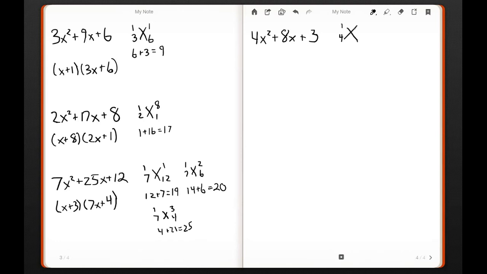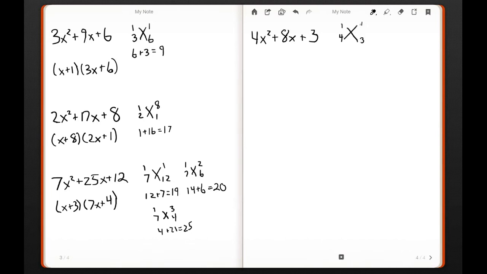So let's see if we can do this in our head to figure out which one is the right one. If we put the 3 here, then 3 times 4 will be 12. And already we're over 8, so we know that's not the right one. So then the right one must be putting the 1 here and the 3 here, right?